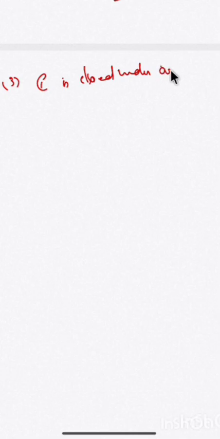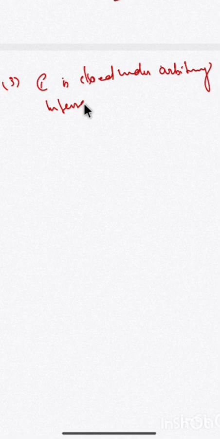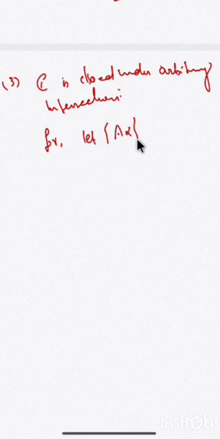Now we are going to prove the third property of that collection, that the collection C is closed under arbitrary intersection. For that, we consider some elements from the collection C. Let the collection A alpha be members in C, some arbitrary collection.